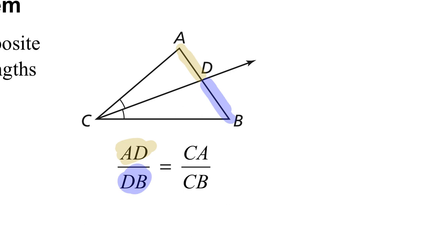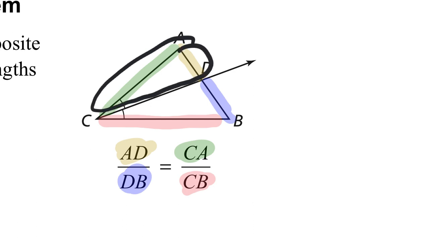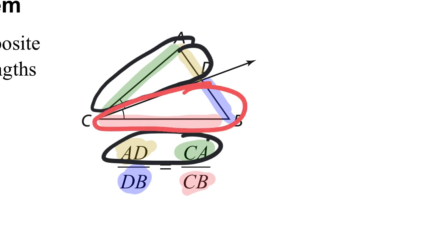It's going to be proportional to, notice, the leg that touches AD, which is CA, is going to be compared up here. That is going to be the same ratio as CB over on this side. So these two right here are going to be the same as these two right here.